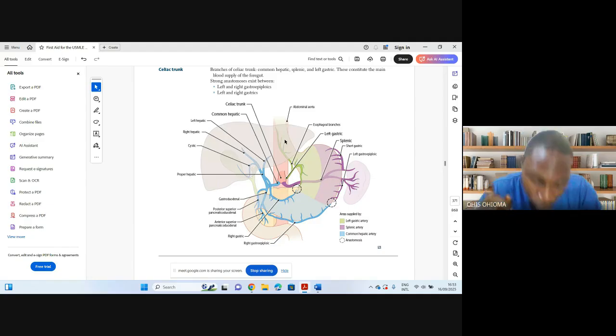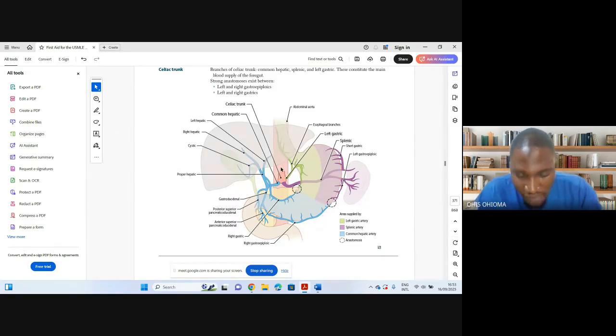Now, there is a problem. If you look at this diagram, you will notice that this part of the stomach is not supplied by a blood vessel. I don't know how many of you guys noticed that. And so the splenic artery supplies a large amount, but doesn't supply the fundus of the stomach.